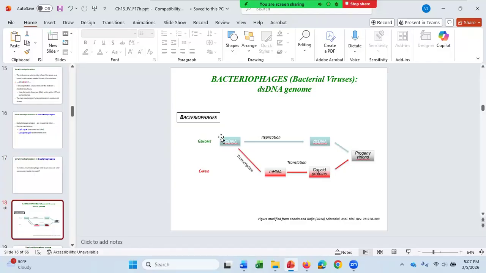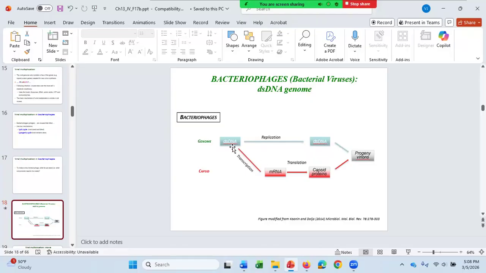For a double-stranded DNA virus, it will just separate the two strands and then use each strand as a template to make another strand, meaning the complementary strand. Those two strands will come together to make the double-stranded DNA of the virus. And then it has to get together with the capsid proteins.